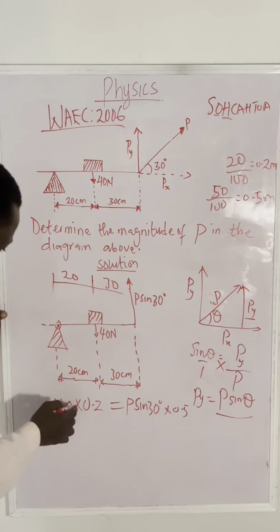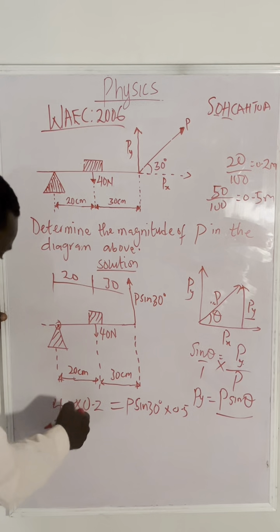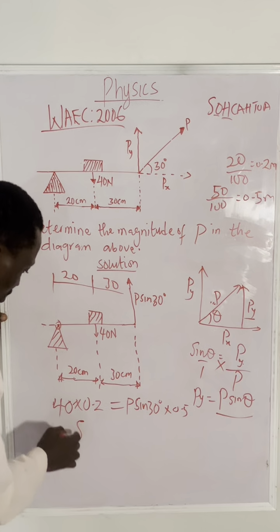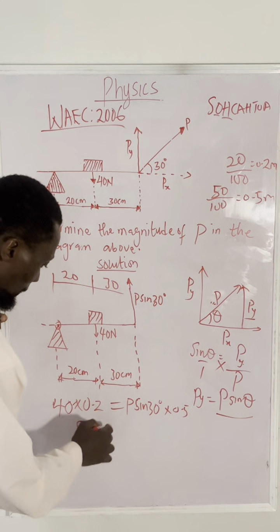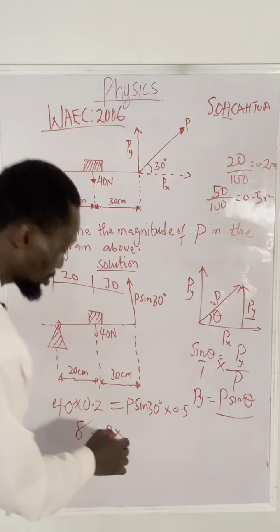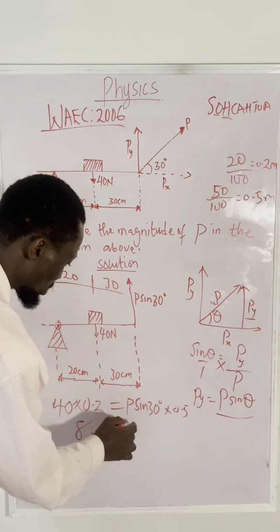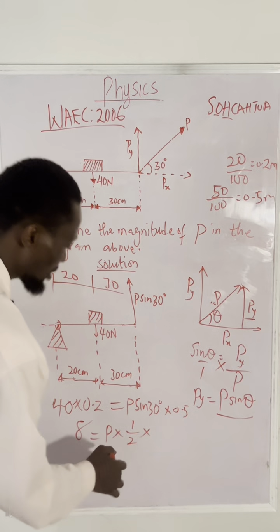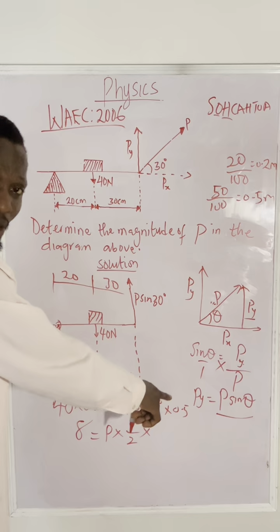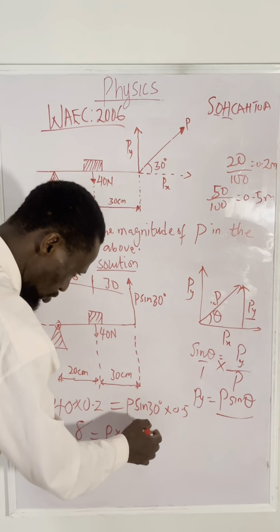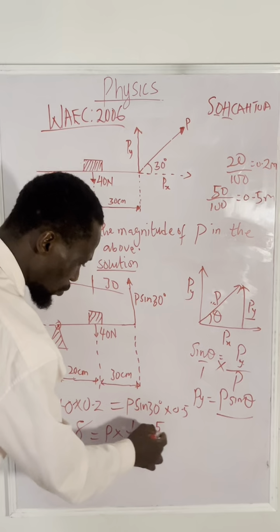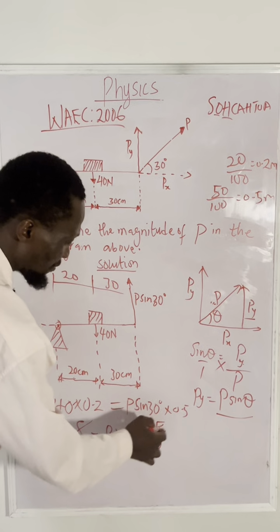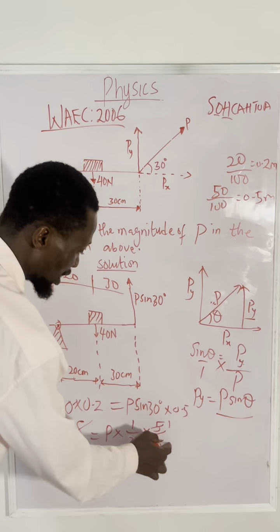So here now we're going to have 40 times 0.2, that's going to give us 8, equals P times sine 30 degree, which is half, so that is 1/2 times 0.5, which I'm going to change to 5/10. So 5 over 10 is 1 over 2, right?